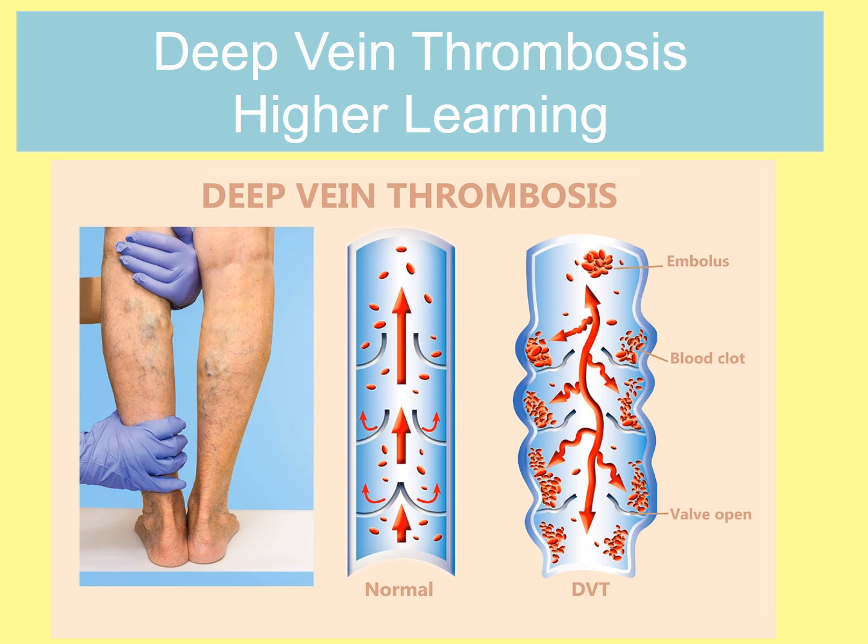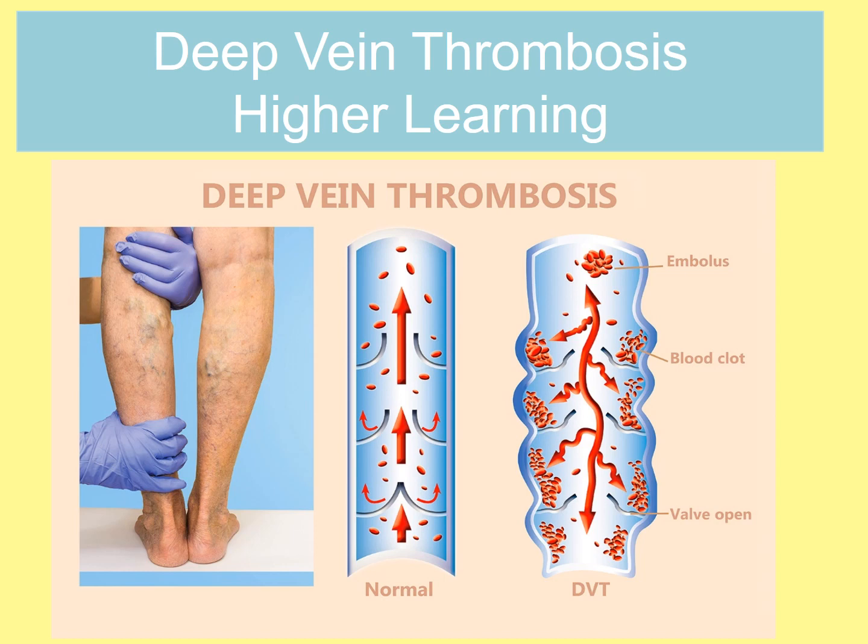Deep vein thrombosis is the formation of a thrombus or a blood clot in a vein. Deep vein thrombosis is most commonly associated with a blood clot appearing in one of the calves of the lower leg. Normally this process causes the affected extremity, the affected outside part of the leg, to become painful and swell, and you might be able to see that from the image in front of you.